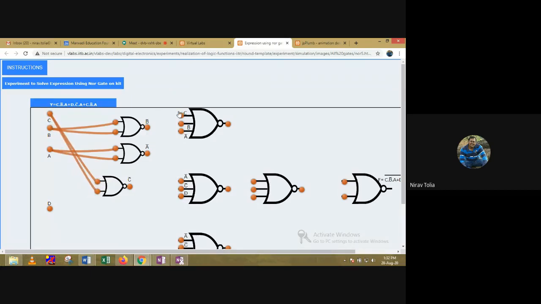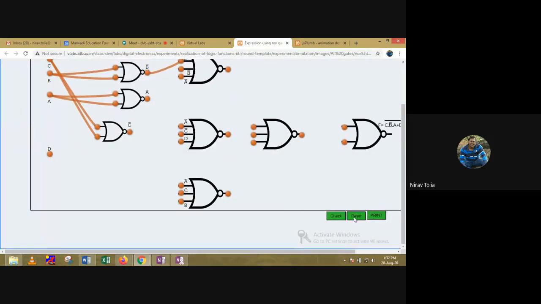So now here what it requires, B bar, A bar. So I have to connect B bar with the B bar. Sorry, again I have to reset.